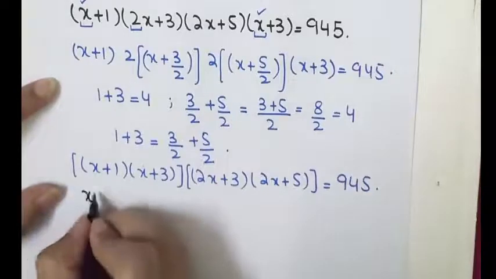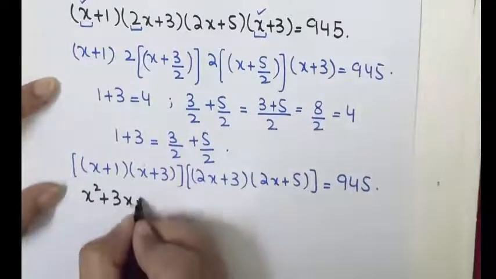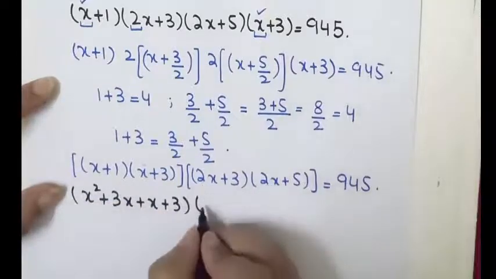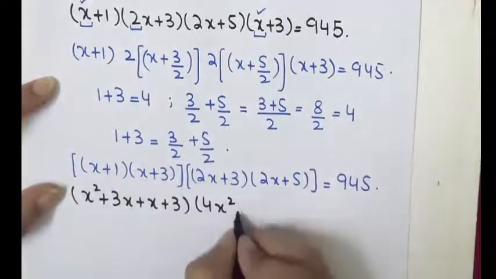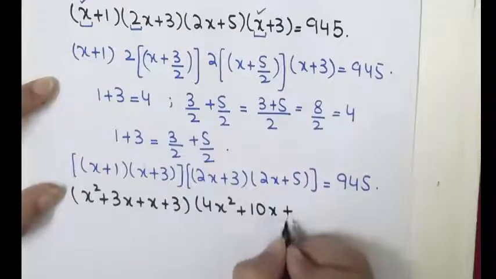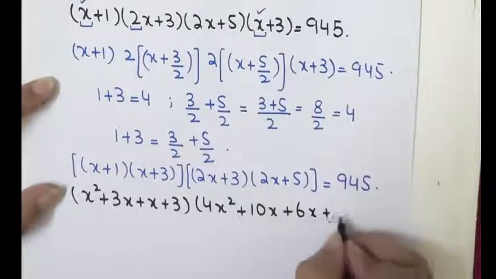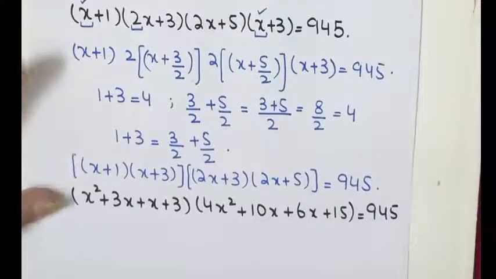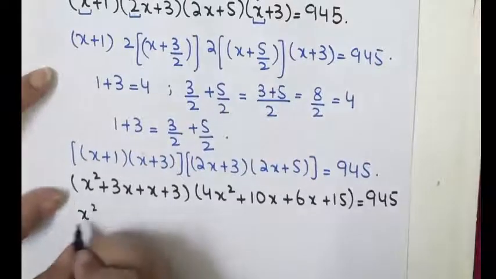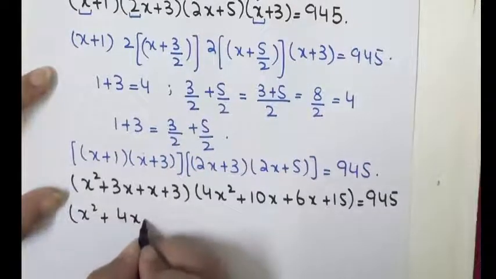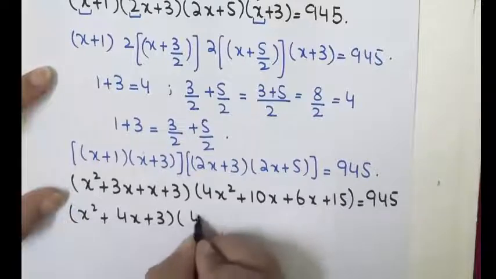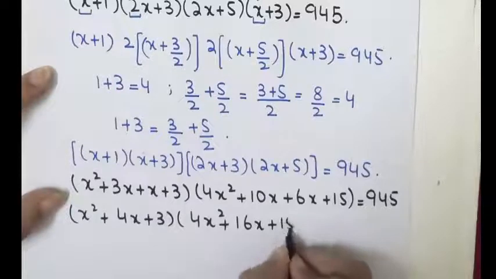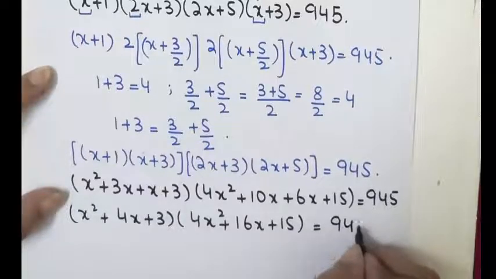We have x² + 3x + x + 3, into 2 times is 4x² + 10x + 6x + 15 = 945. So (x² + 4x + 3)(4x² + 16x + 15) = 945.